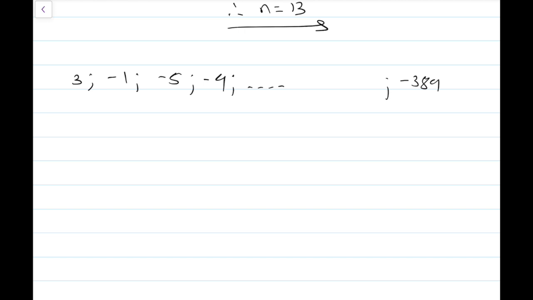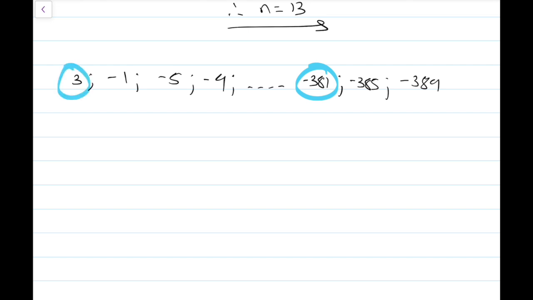Is this divisible by 3? Nope. Now we're going to add 4 again: minus 385 plus the 4 is minus 381. Minus 381 divided by 3, yes. So this is the last term that is divisible by 3, and this is the first term that's divisible by 3.